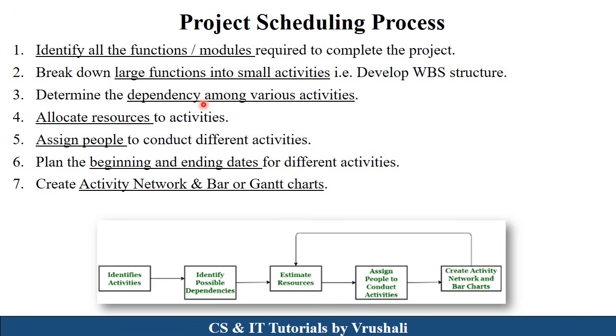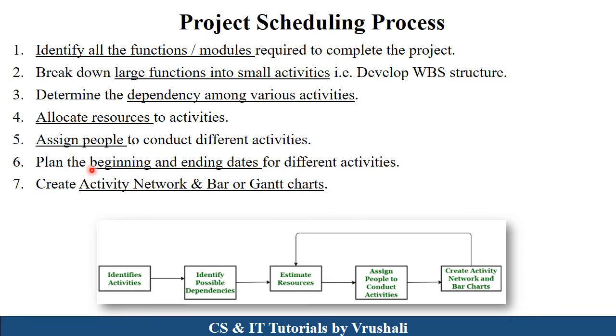After that, they find out the dependency among various activities. Means the designer sends output to the developer team. Means there is a dependency between those activities, right? After that, they allocate resources like software and hardware resources to each and every activity. Then they assign people to conduct different activities. They assign particular team members to the designer team, developer team, and tester team for the project.